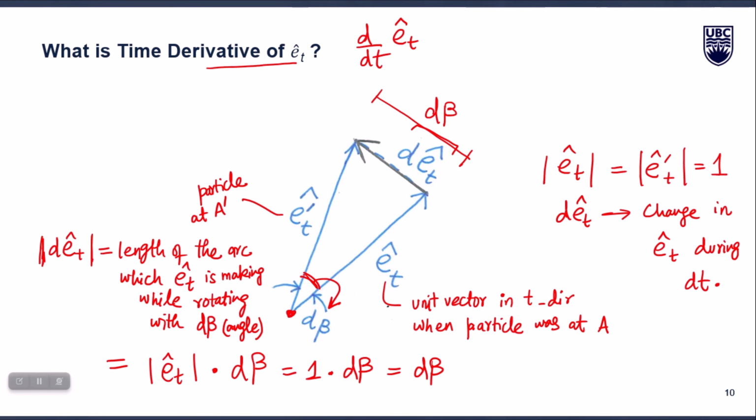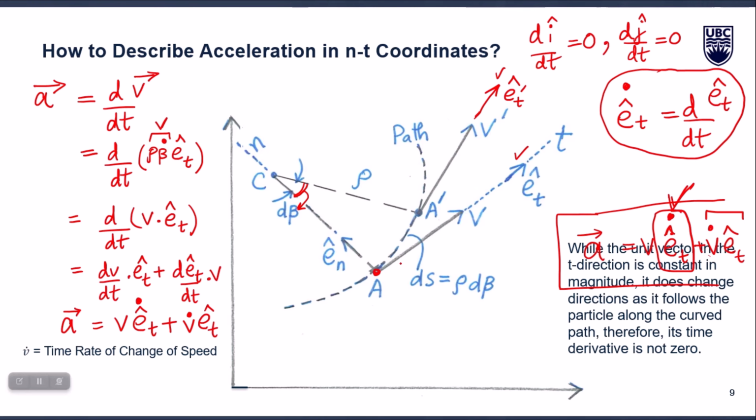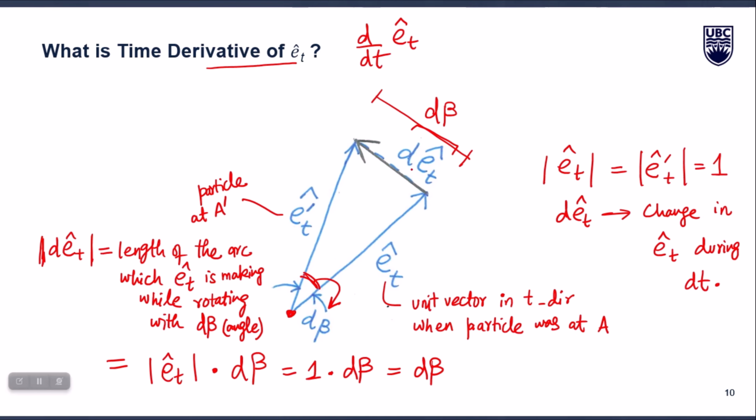If you look closely, you will find that the direction of dE_t will be the direction of the normal component or n-axis. If I go back here, see, if I start both E_t and E_t prime from this point and then draw their difference, right, dE_t, that dE_t will actually point towards the center of curvature, which means the direction of this vector dE_t will be the n-axis or n direction, right.